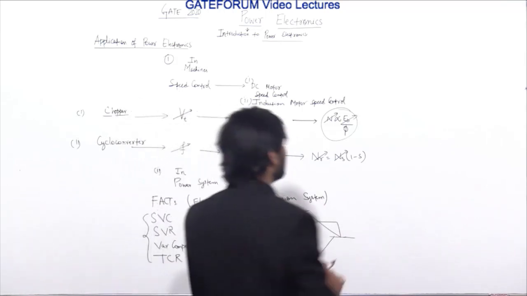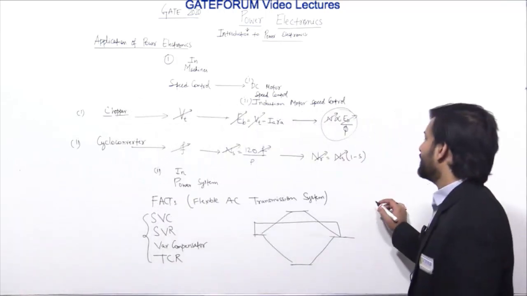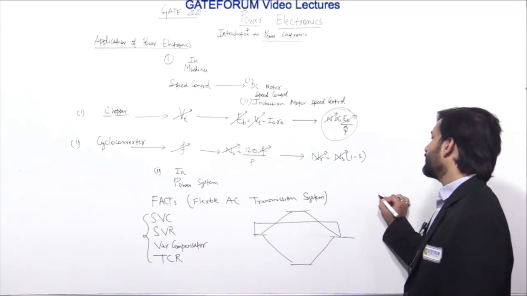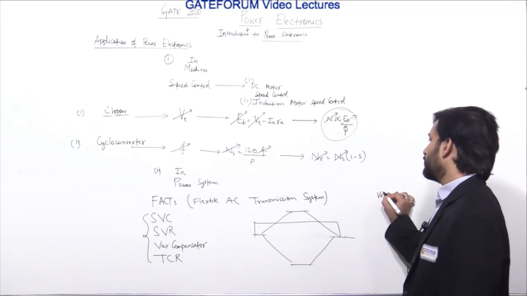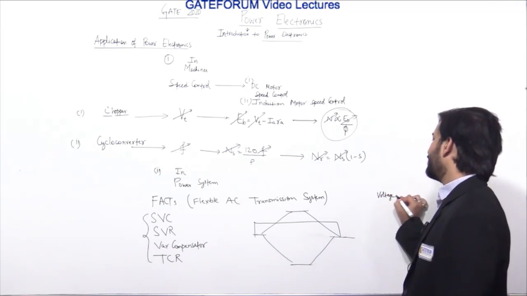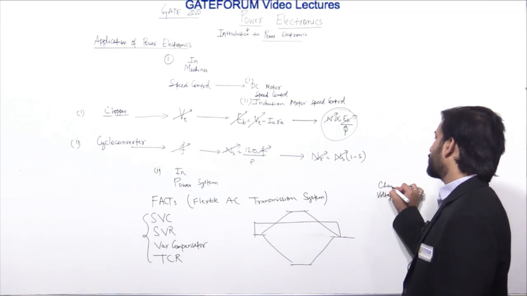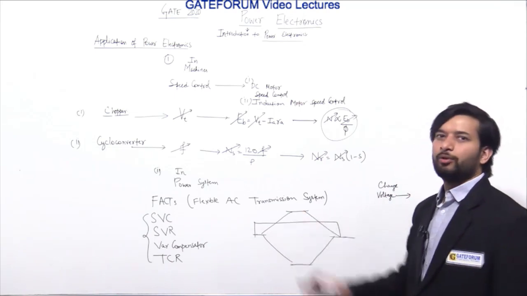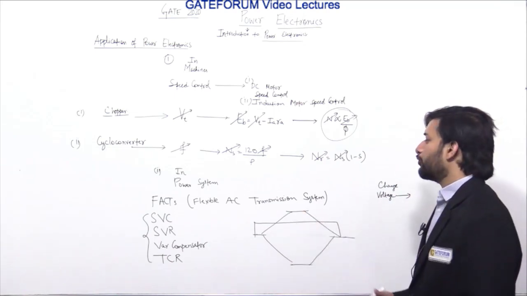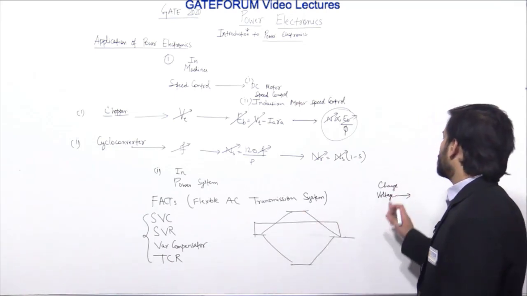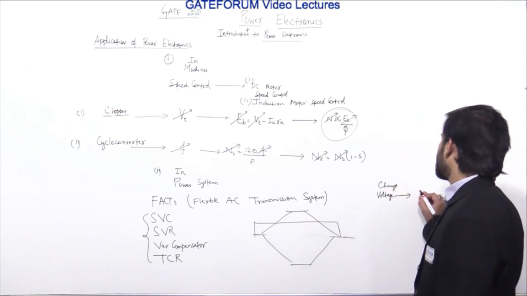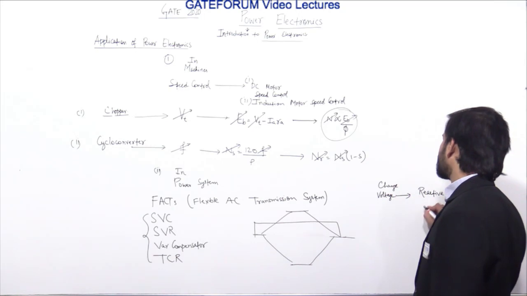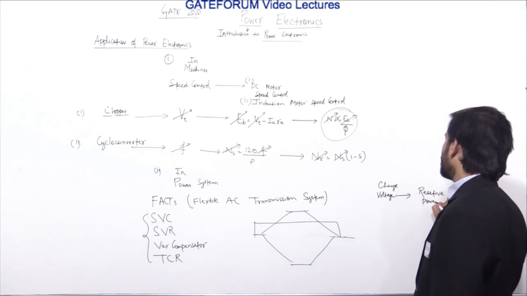Now you must have studied load flow analysis, that I need to control or change the voltage at different buses such that load flow can be done. So if you want to change the voltage, you need to do reactive power control. See, again the control term is coming, reactive power control.